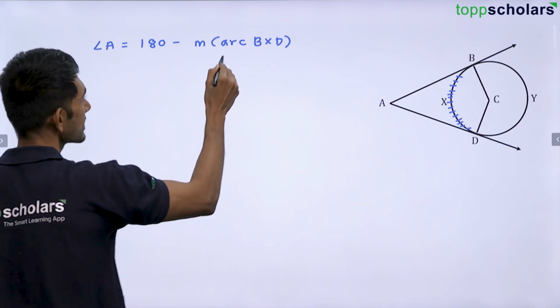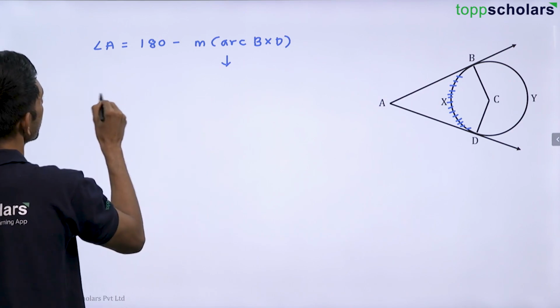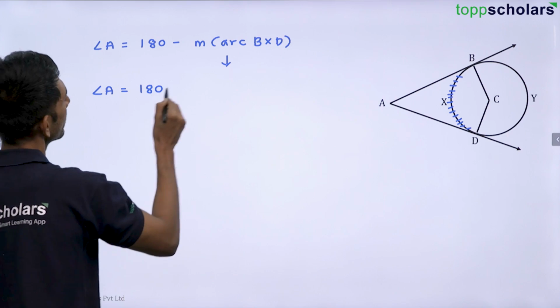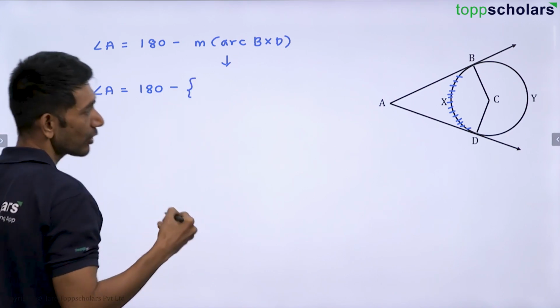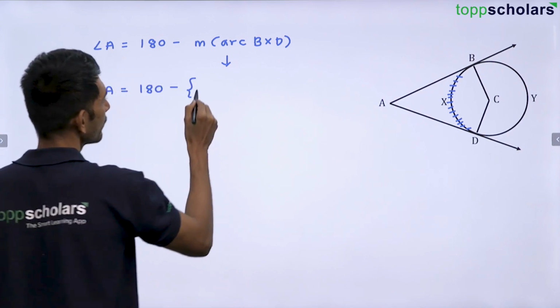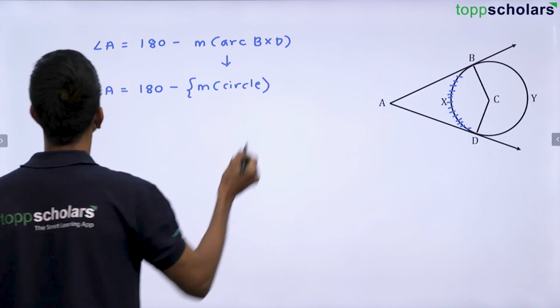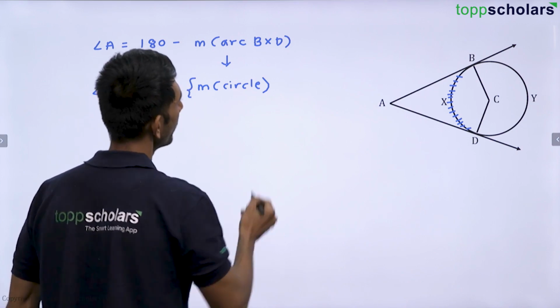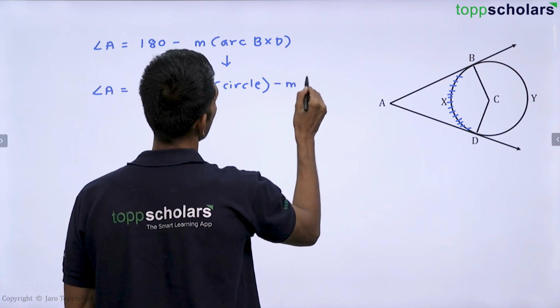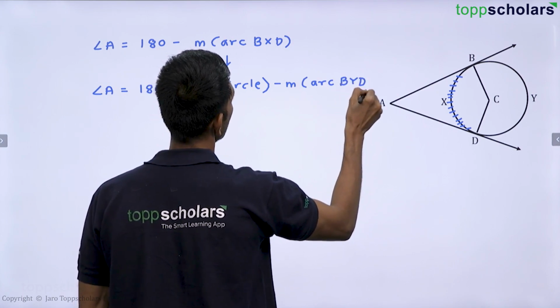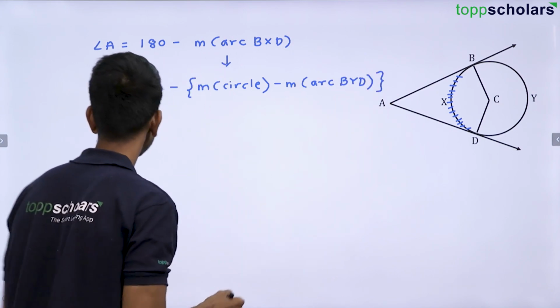So this BXD can be further written as angle A is equal to 180 minus measure of circle, correct, minus measure of arc BYD.